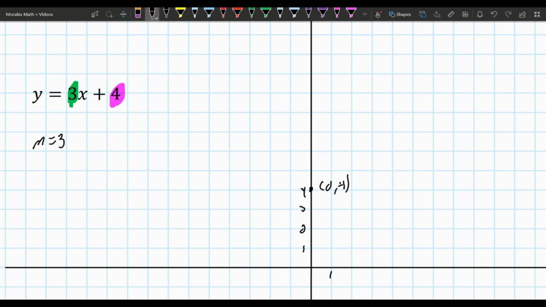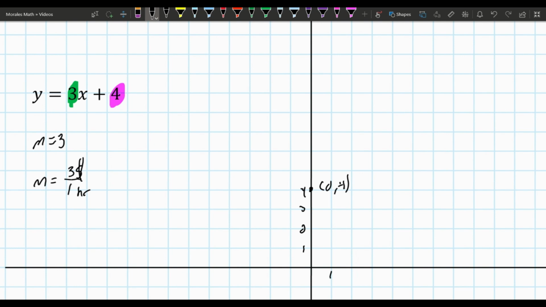M equals 3. And slope can be considered as rise over run, okay? So remember, we're going back to that job again. That's like $3 per hour, okay?